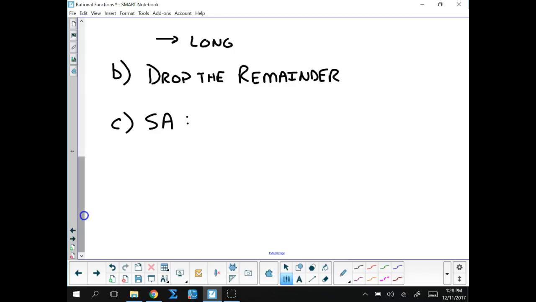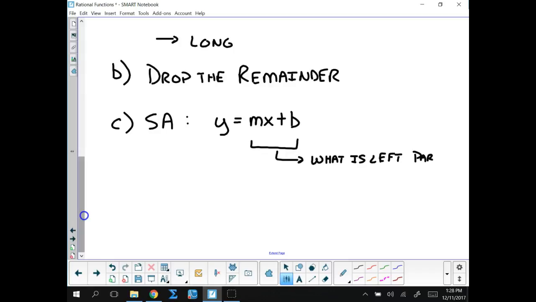Your slantote is going to be equal to y equals some mx plus b. And you're going to get that. This part right here is what is left over from part A.